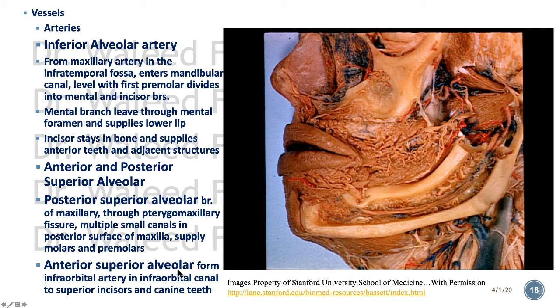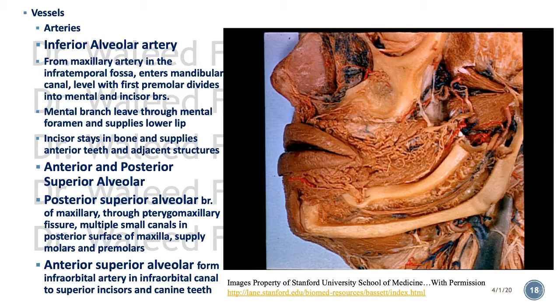The anterior superior alveolar, now this comes from a branch of the maxillary. It comes from the infraorbital artery, that's a branch of the maxillary in the orbit.